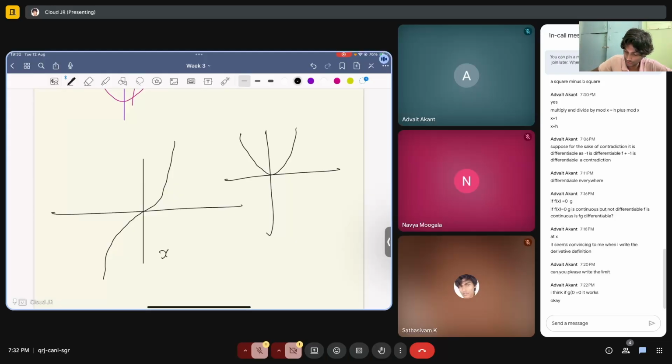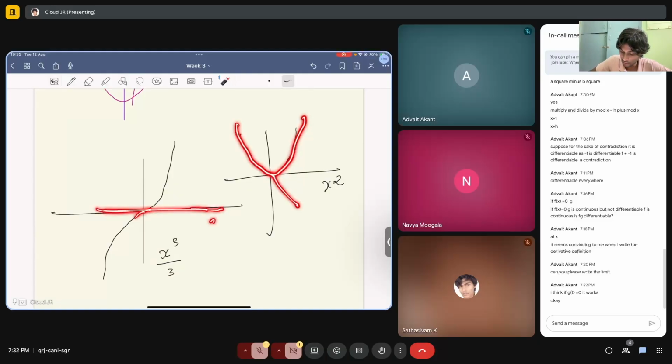So this function is, let's say, x cube by 3. I'm just putting the 3 so that the derivative becomes x square. So if you look at the derivative of this function, it is x square, right? You can see the slope never goes down, it just goes up. So such a point also has derivative 0, but this is neither a maxima nor a minima.